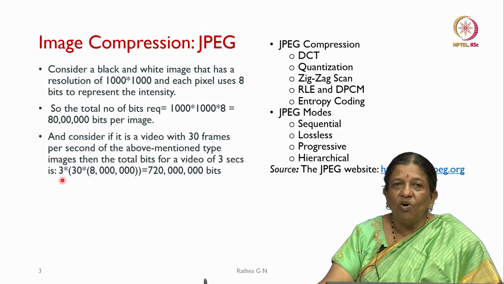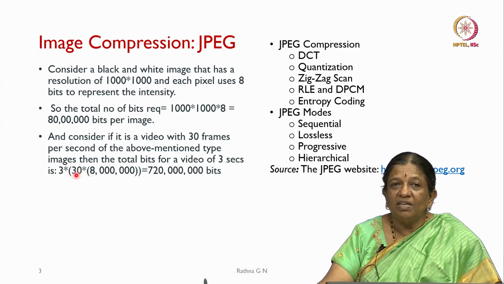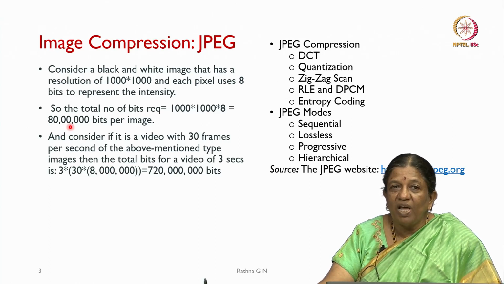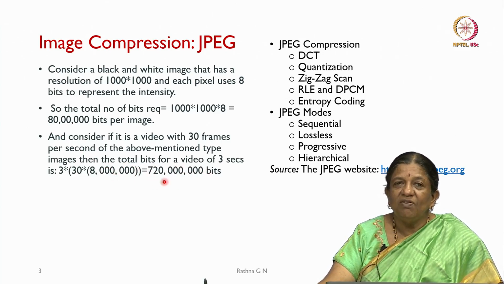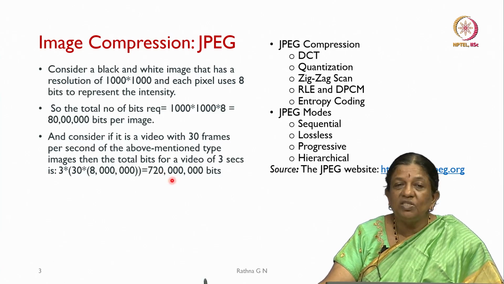Then it is 3 into 30 frames, and we have to store 30 frames per second with this value of 80 lakh bits each. You can see how many bits are required to store our images in any of the storage units.